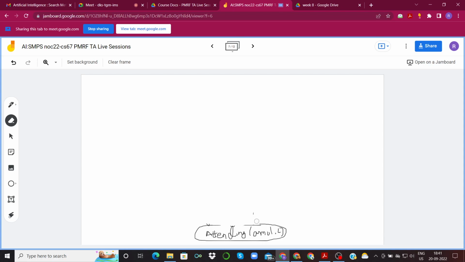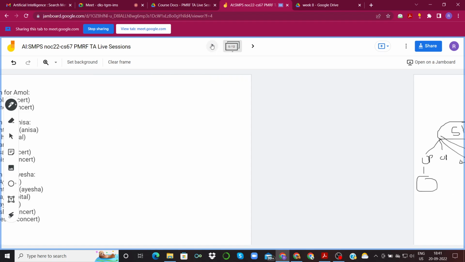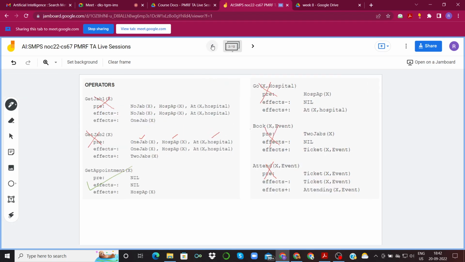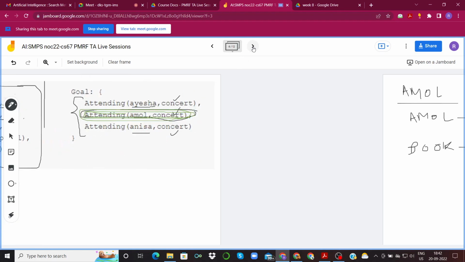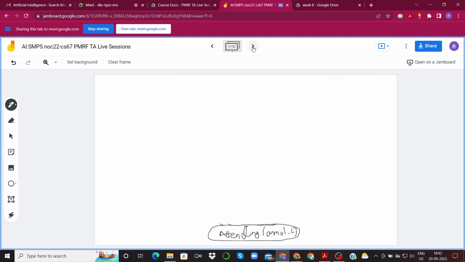Okay, so for Amol to have attending the concert as the final state, what is the immediate previous operator that he could apply? That would be attend, right? Because attending is a positive effect, and attend is the operator that Amol could apply.